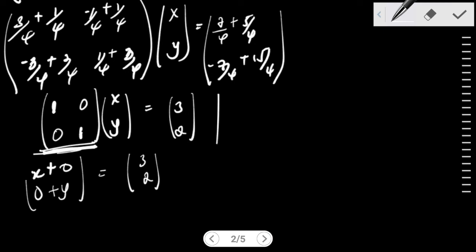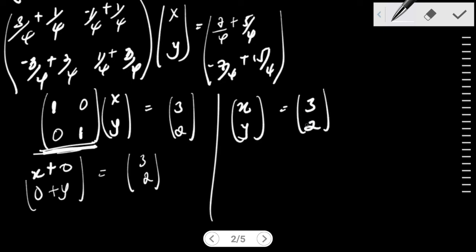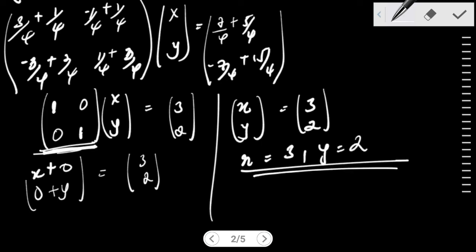Then afterwards, if we proceed with this, x, y would be equals to 3, 2. And therefore, x equals to 3 and y equals to 2, of which they both bring out the actual answer.